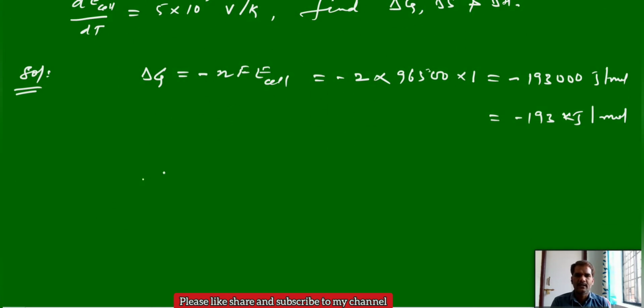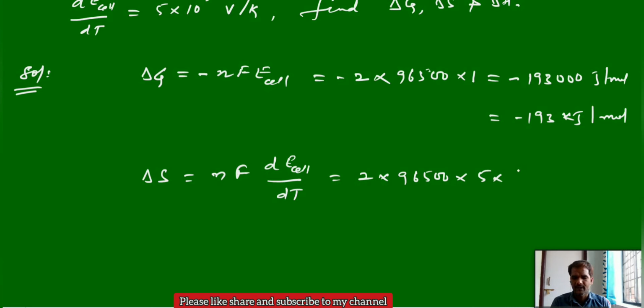Next, delta S. Formula: nF dE cell by dT. Again, number of electrons 2, Faraday 96,500, and dE cell by dT is 5 into 10 power minus 5 volts.